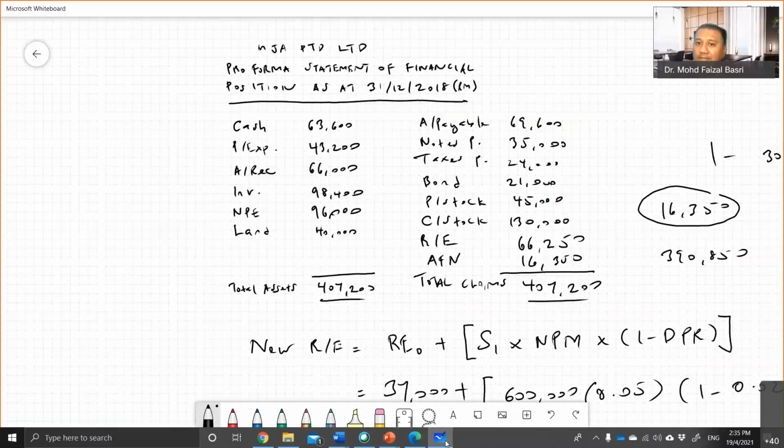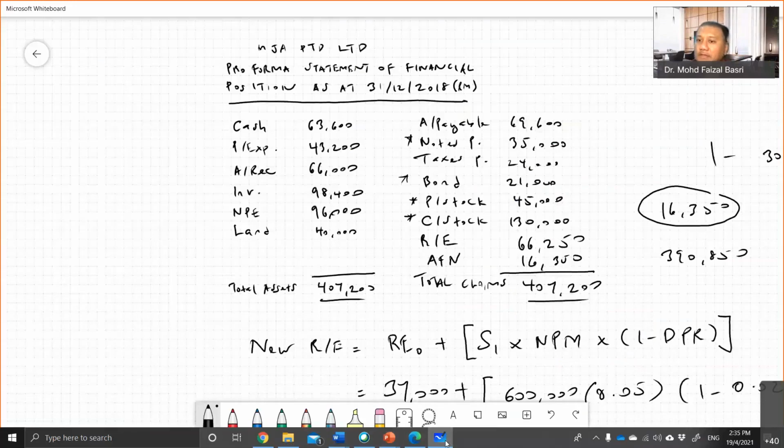Those that remain the same on the right are all non-spontaneous, or external. Items like notes payable, bonds, preferred stock, and common stock are all external. So if you want to increase the values, we need to get the money from outside. That's why it's called external.